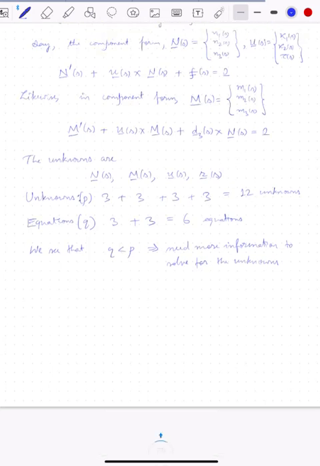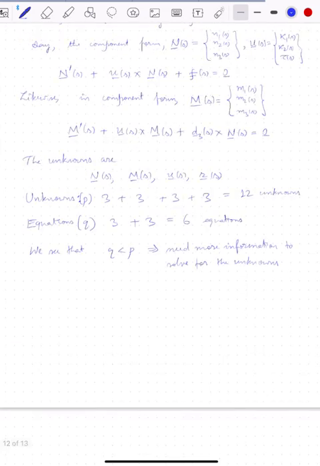So what we need to do is find some relation between the unknowns, right? So here is where constitutive relations enter the picture. Constitutive relations come to our rescue.